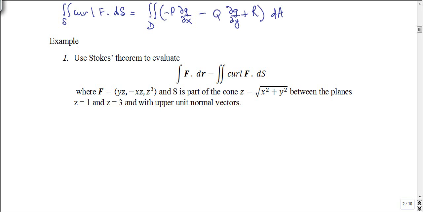That's it? And P, Q, and R, remember, are the components of curl F.